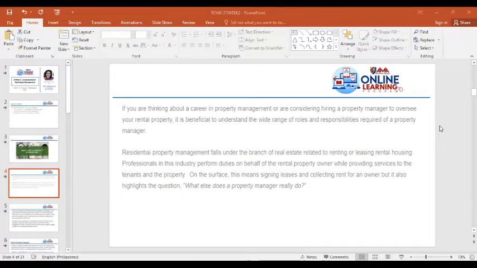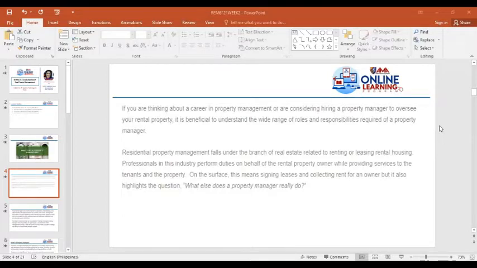On the surface, this means signing leases and collecting rents for an owner, but it also highlights the question, what else does a property manager really do?